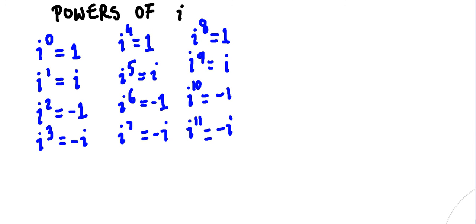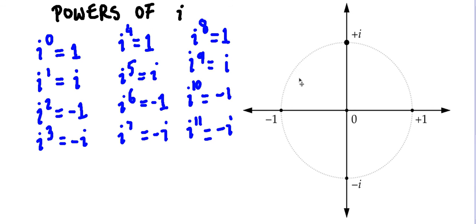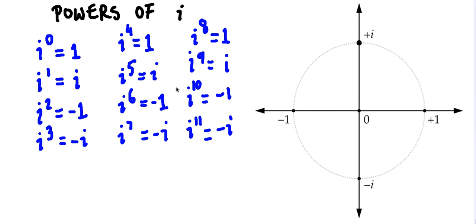I'm just going to give you another way of remembering this. If I take a complex number line and put it right here, this is our real number line, I'm going to put Re for real, and this is the imaginary number line.